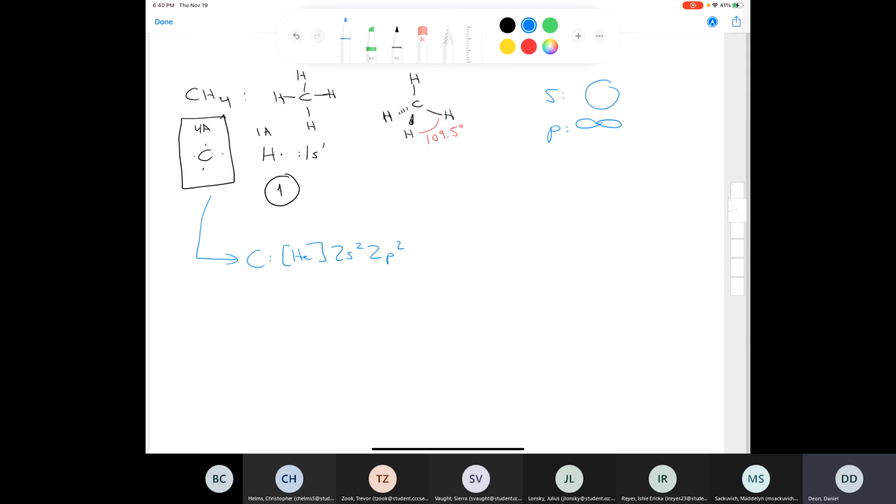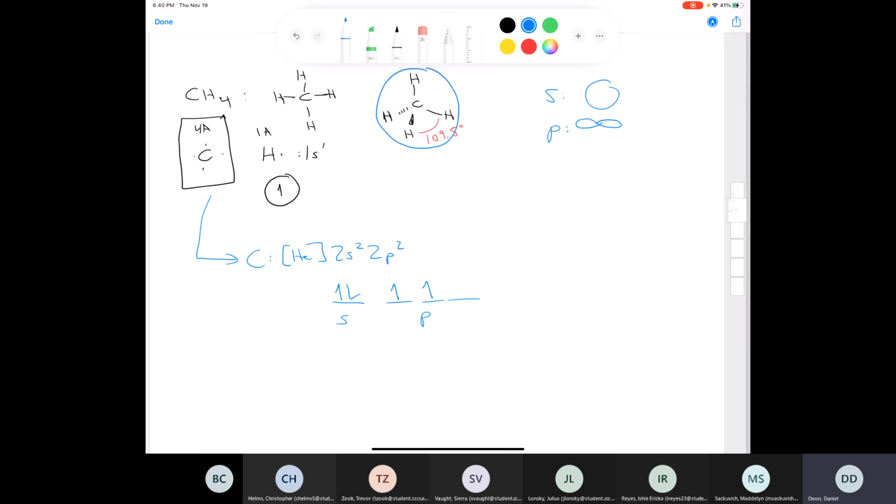Anyhow, there we go. So if we draw the orbital diagram, we have s, and we have 1, 2, 3 p orbitals. We have 2 electrons in the s, and then we have 2 electrons in the p orbitals. What the heck? How in the heck could carbon have 4 hydrogens that are going to occupy the 4 corners of a tetrahedron? That doesn't make any sense.